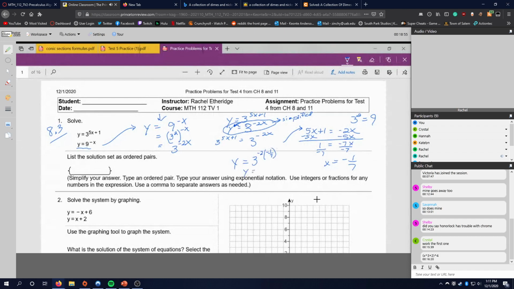So y is 3 to the 2/7. The ordered pair is negative 1/7 and 3 to the 2/7. Again, if you plugged negative 1/7 into the 9 and got 9 to the positive 1/7, I would still give you credit. It's not simplified, but I would still give you credit. Questions on that one?